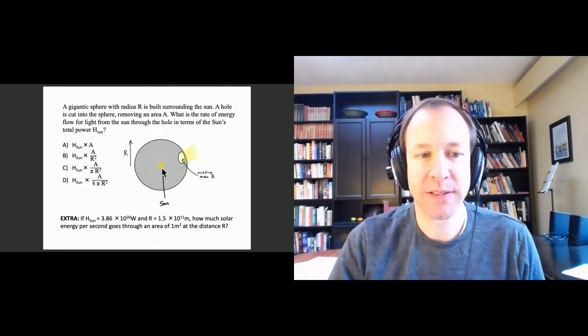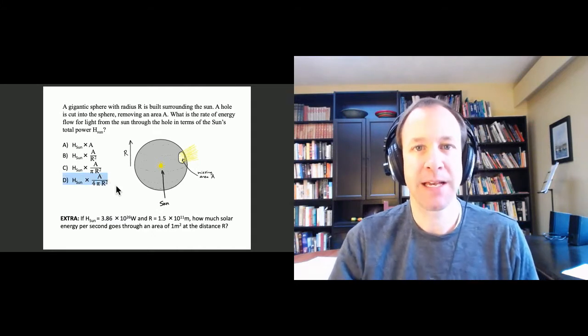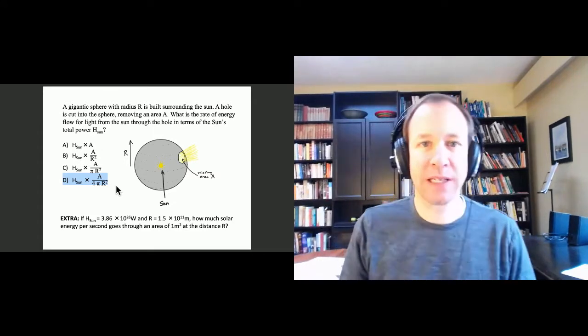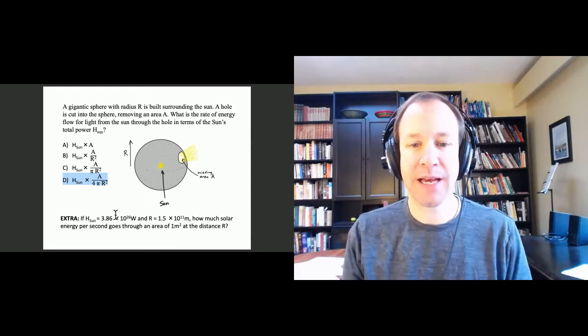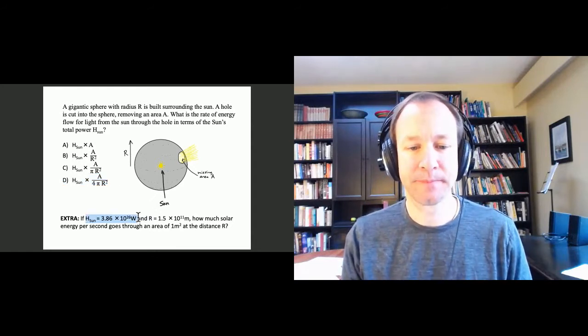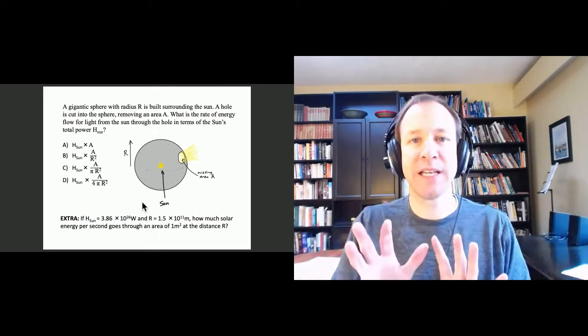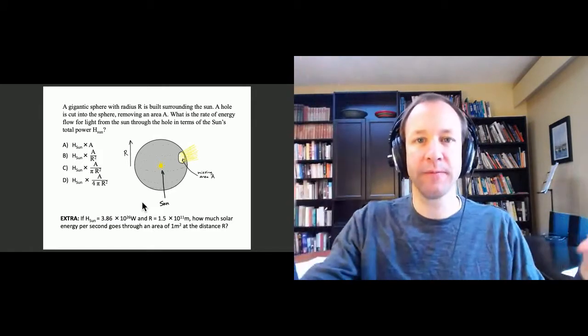So for this question, the answer turns out to be D. And so let me explain the logic here. So the logic is very simple. The sun is producing energy at a rate H sun. That energy is electromagnetic radiation going out in all directions from the sun.